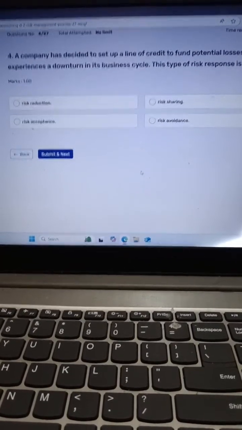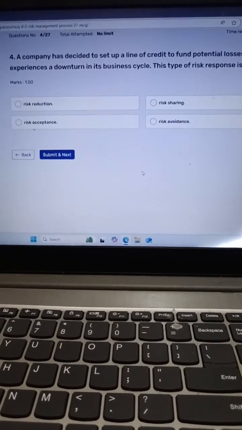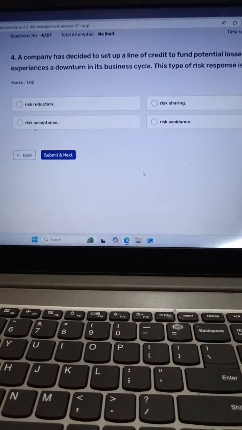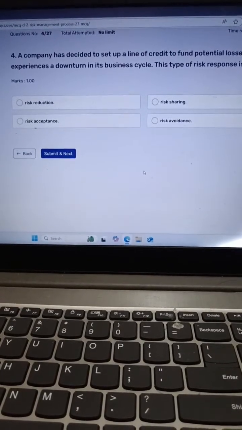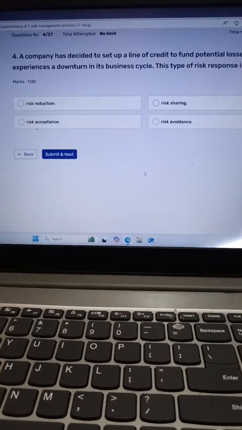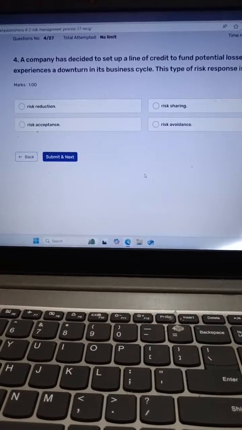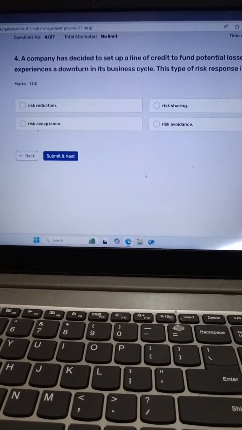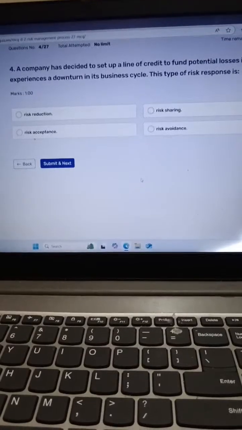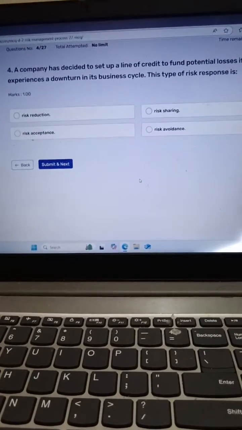A company has decided to set up a line of credit to fund potential losses if it experiences a downturn in the business cycle. It means some type of provision is being made, right?